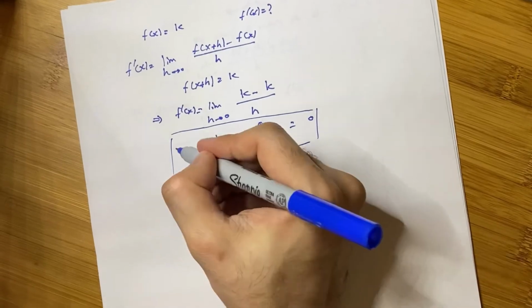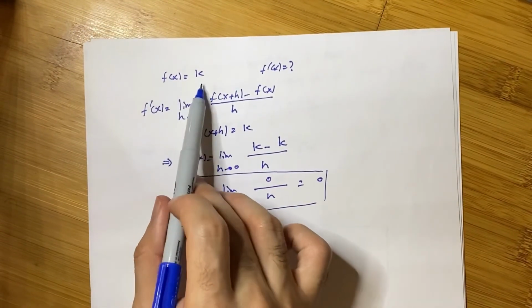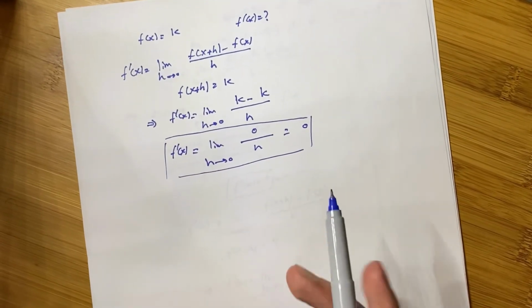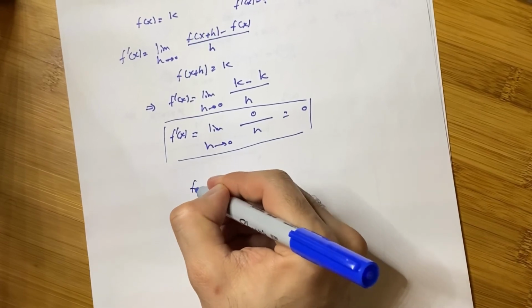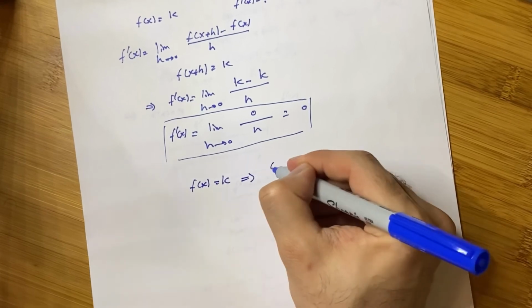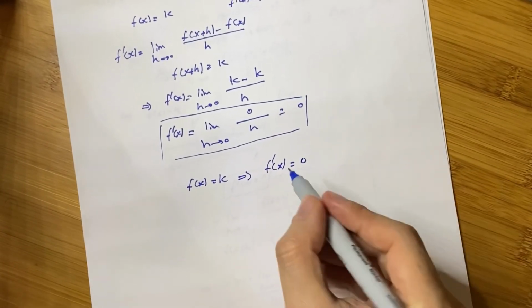So what this tells us is that when we take the derivative of a constant function, the derivative is just 0. So when we have f of x equal to k, then f prime of x is just 0.